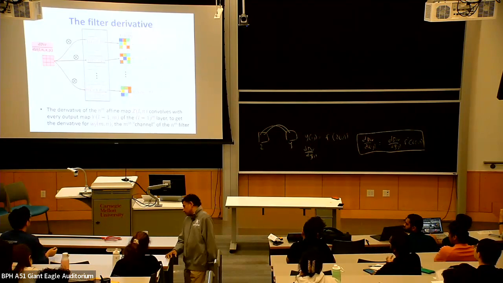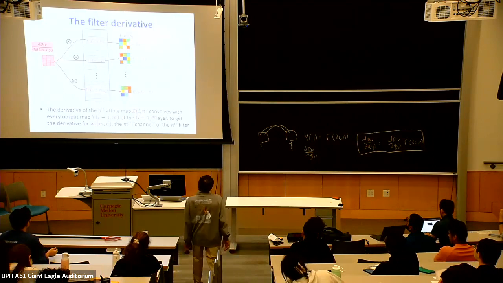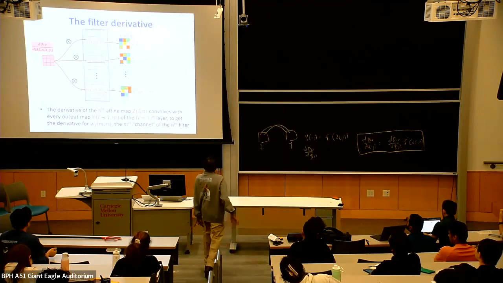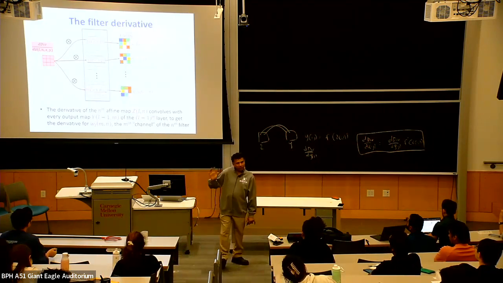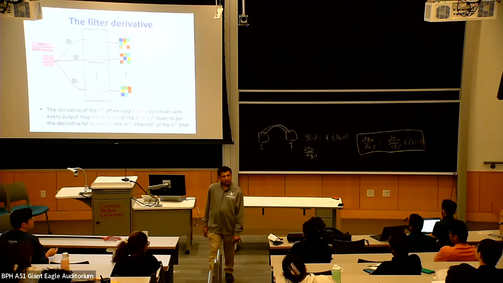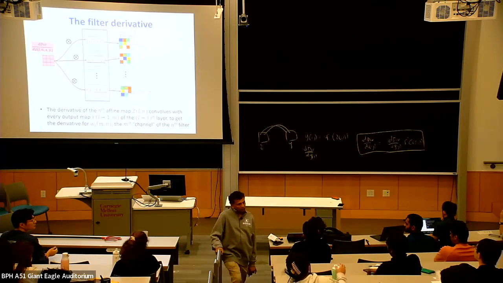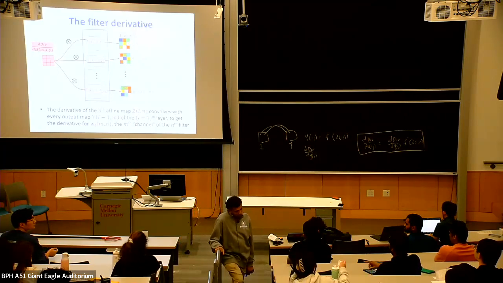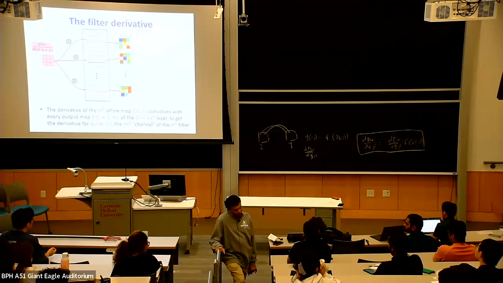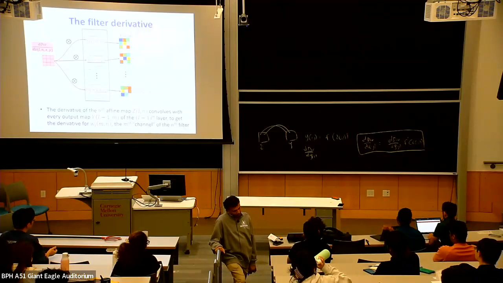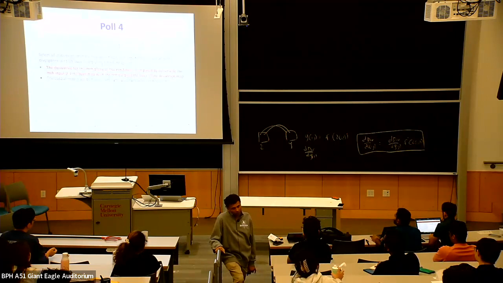So W of 1 comma n is the first channel of the nth filter. Is that the weight corresponding to the first channel of the input, and then the nth output channel? Yeah, nth filter. So for every filter and every input, we get a corresponding output. Everything should match up.